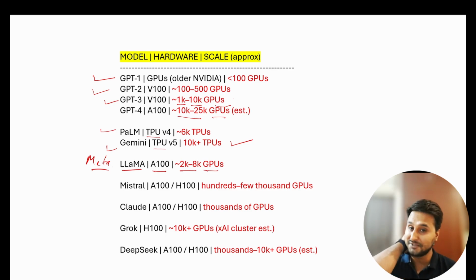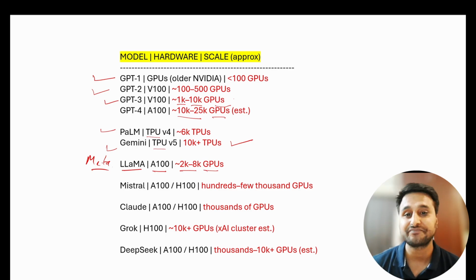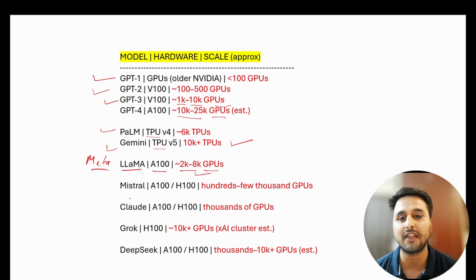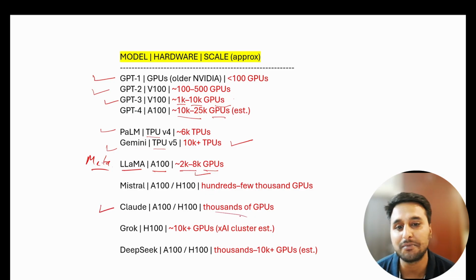Llama comes in various variants, and their main bigger model was trained on this number of GPUs. These are estimated numbers, and they are almost correct. Similarly, Claude also used thousands of H100 GPUs, very expensive. Grok from Elon Musk used 10K plus H100 GPUs, and DeepSeek also 10K plus GPUs.